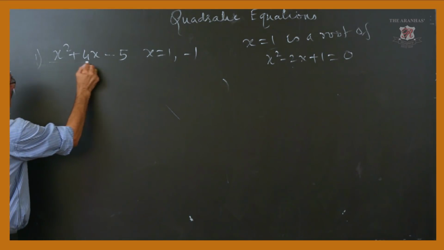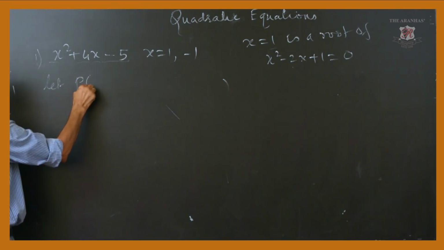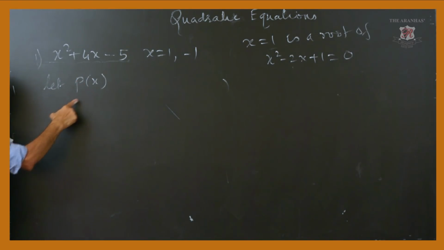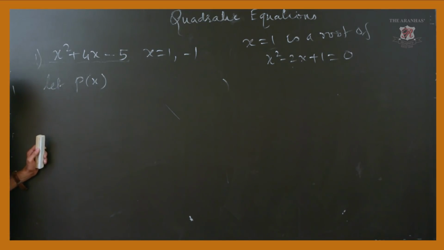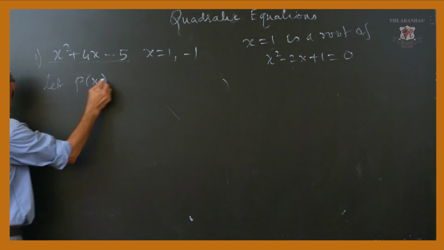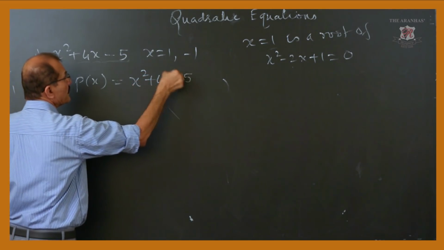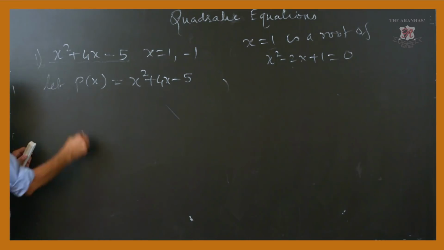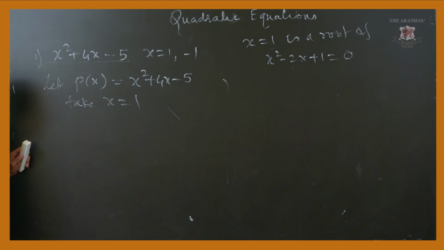You are given x square plus 4x minus 5. I say let p of x, it is a polynomial, a quadratic polynomial in x. P of x is equal to x square plus 4x minus 5. Take x equals 1.